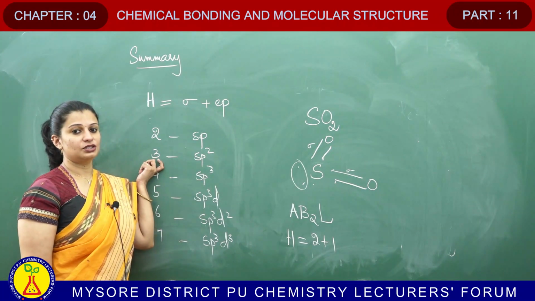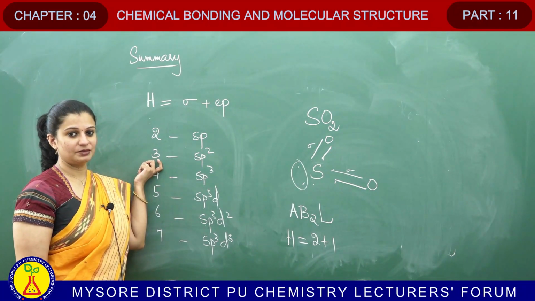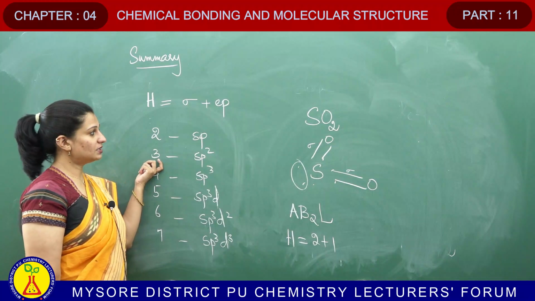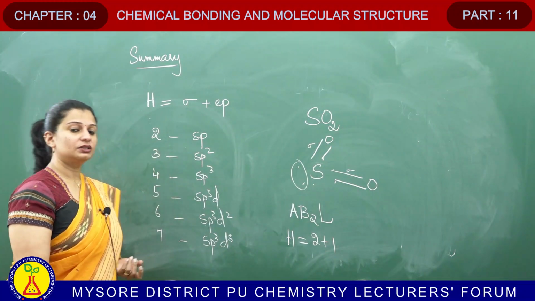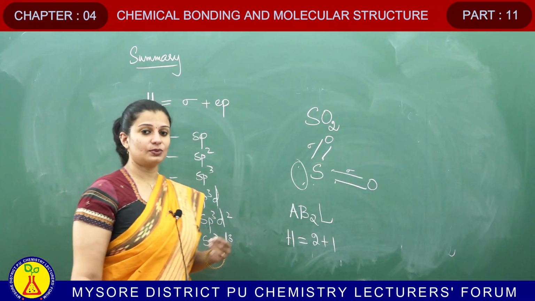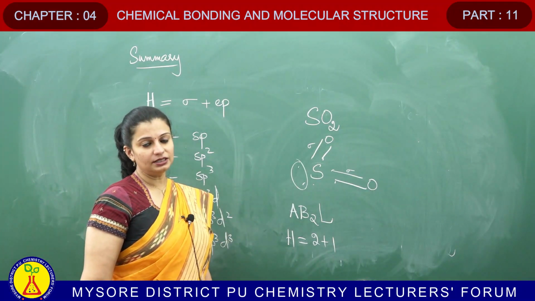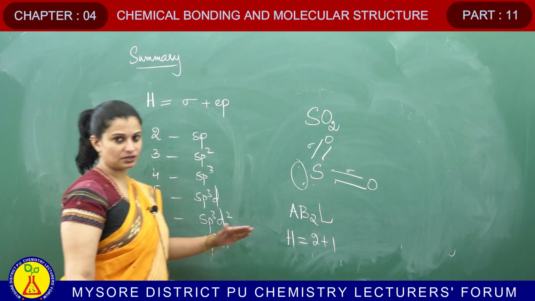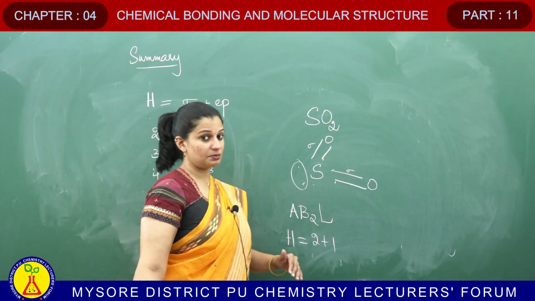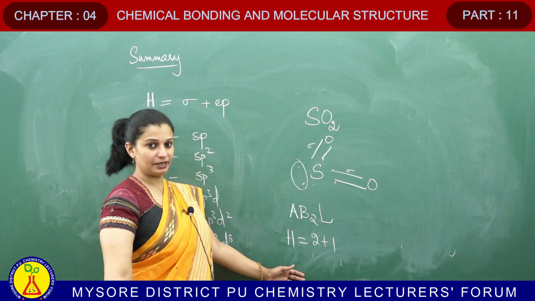So the hybridization is sp2. This is how we can use this method to find out the hybridization as well as the geometry and the shape. One last one and I am going to close this session. So this was VSEPR with an added example of hybridization.